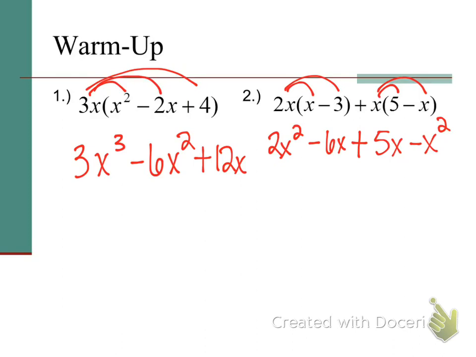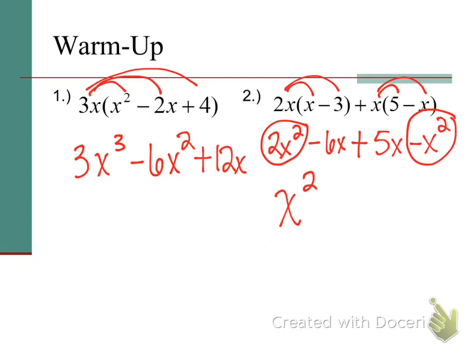What can we do now? Combine like terms. Add or subtract, whatever the operation may be. What can I combine with this 2x squared in front? Keon? The negative 1x squared from the back. So I can take 2x squared minus x squared. What does that give me? 1x squared. 2 minus 1 gives me 1x squared. If you would like to write the 1, that's fine.